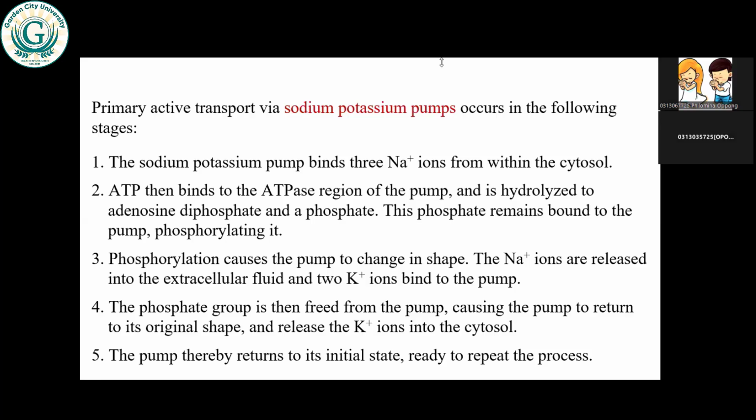Then it releases the calcium to the outside. Then detachment of ADP and inorganic phosphate moves the pump back to its normal state, facing inside. Here we are moving the calcium from the inside where it's low to the outside where it's high. And that's how the calcium ATPase works.